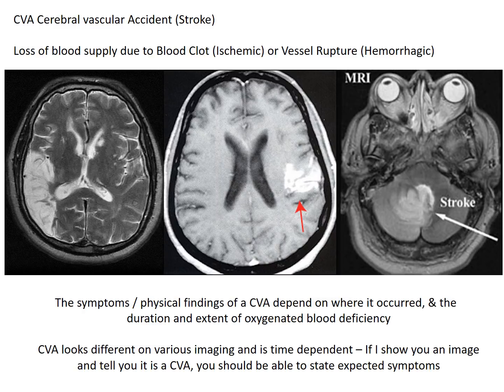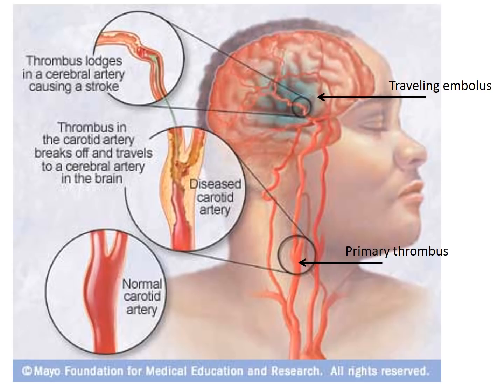You'll be able to do this, and we'll work on this as we move through these next couple of slides. But just remember, CVA looks different depending on what type of imaging was used and how the diffusion and the contrast may have been altered on that image.